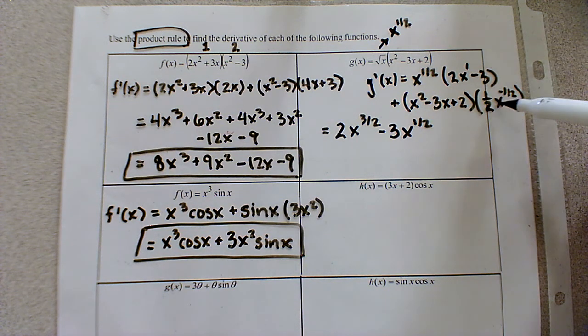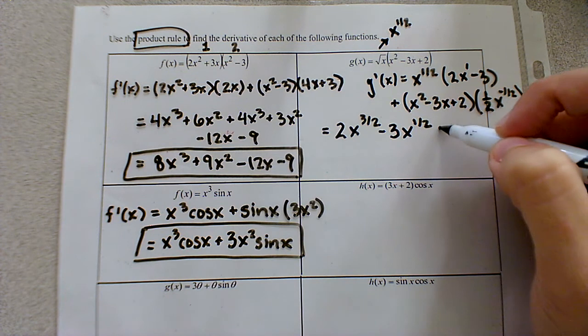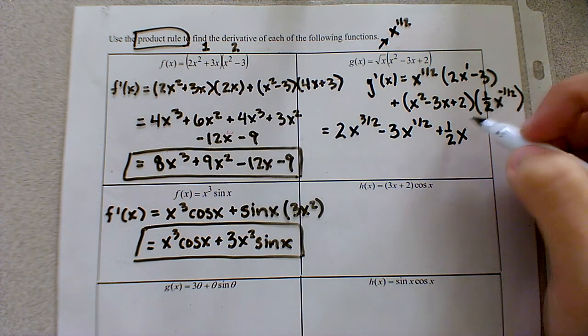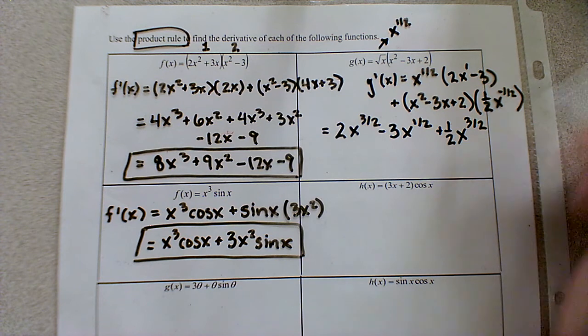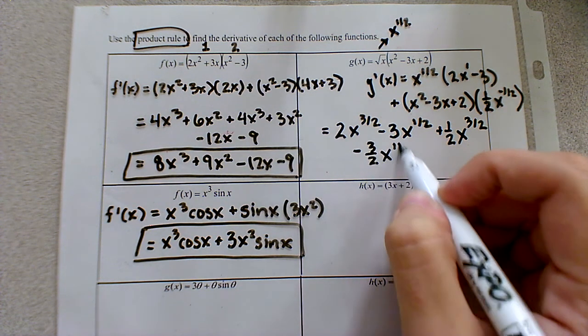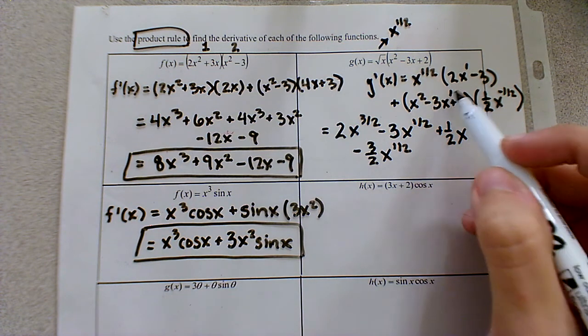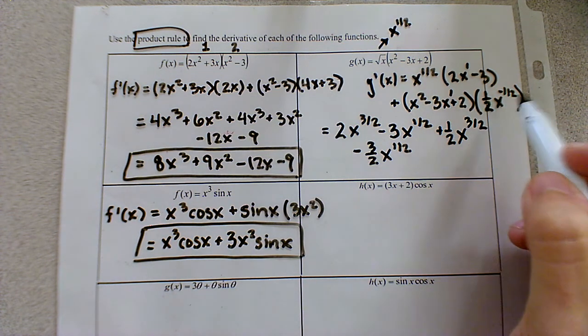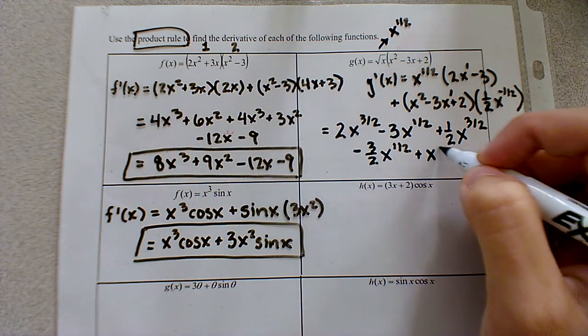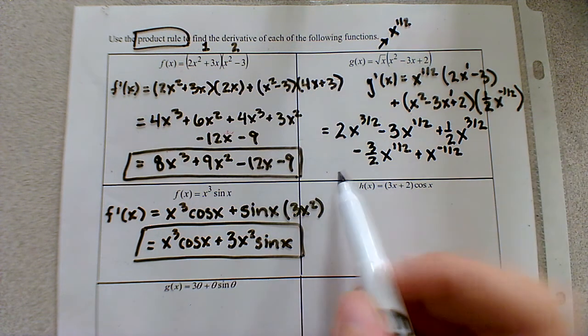For the next one, we can distribute in the 1/2 x to the negative 1/2. So plus 1/2 x, and if we add those powers, that'd be 1.5, so we can write that as a fraction. And then minus 3/2 x to the 1/2, okay, if we add those powers together. And then distributing into the last term, plus x to the negative 1/2.